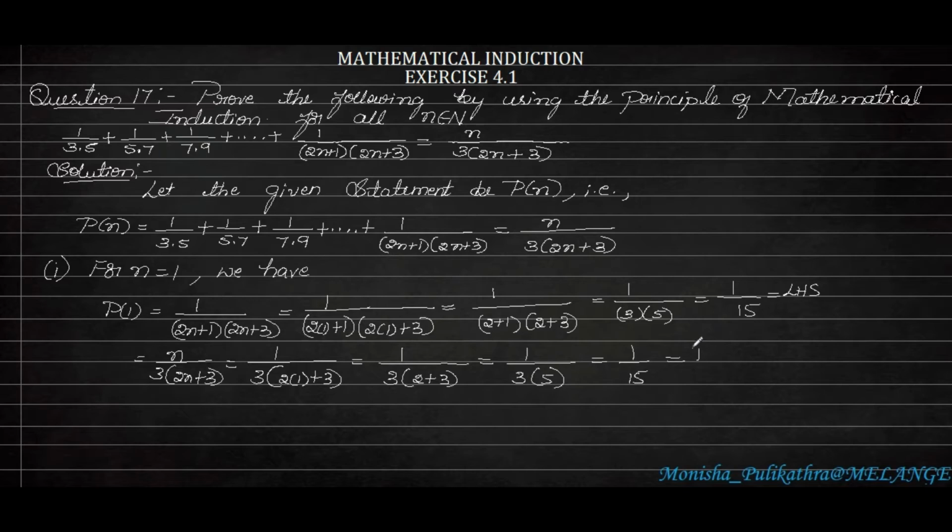So RHS is also equal to 1 by 15. By this we know that LHS is equal to RHS, both are equal to 1 by 15. Therefore, we can clearly say that the statement is true for n is equal to 1. Let us continue the question in the next slide.